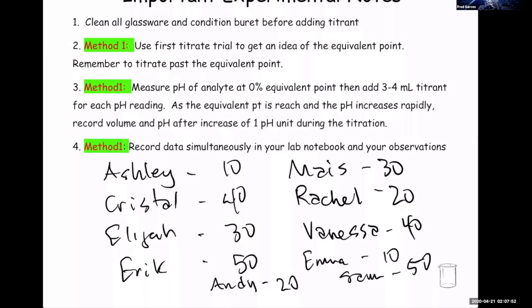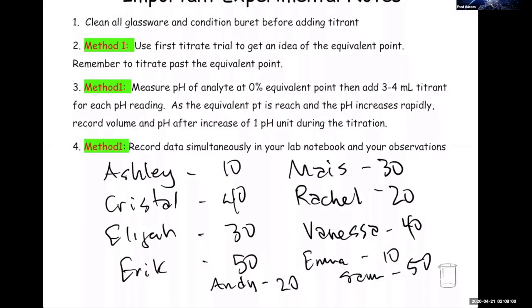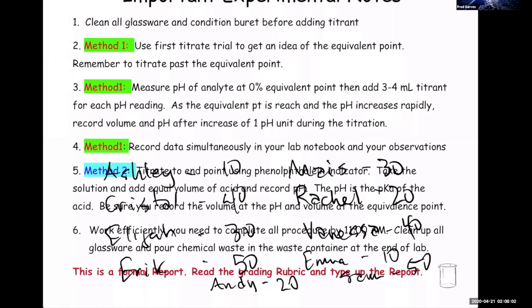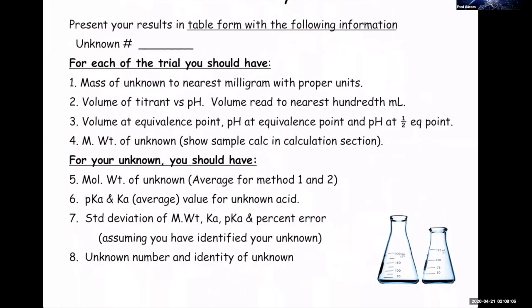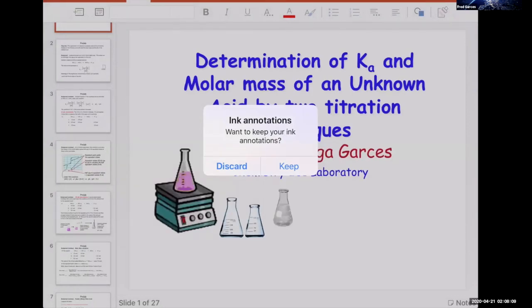And where do you get the data? You get the data here in the Excel spreadsheet. Okay. So this is a summary of the experiment. Clear my notes real quick. Okay. That's a summary of the experiment. The last page is right there.